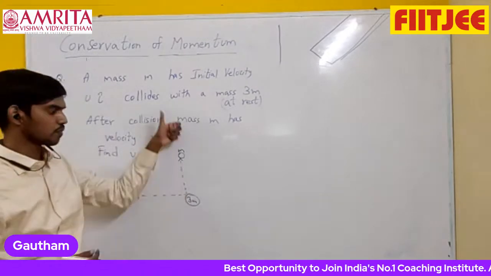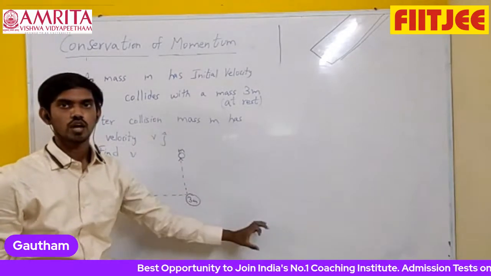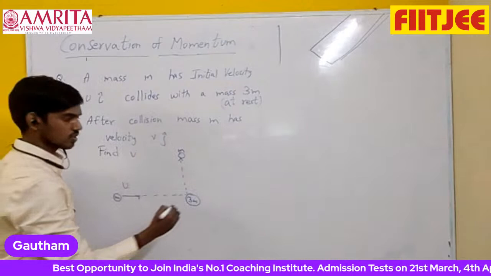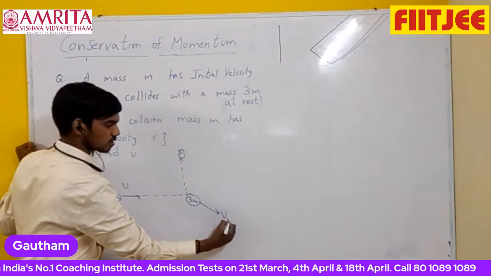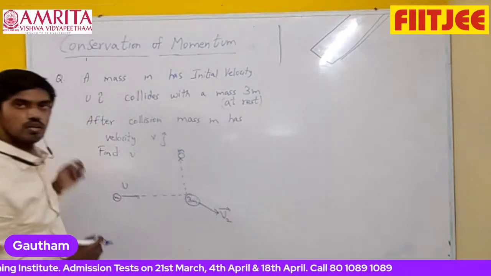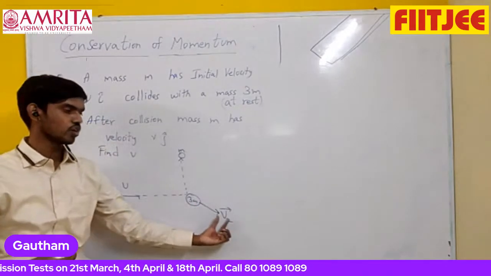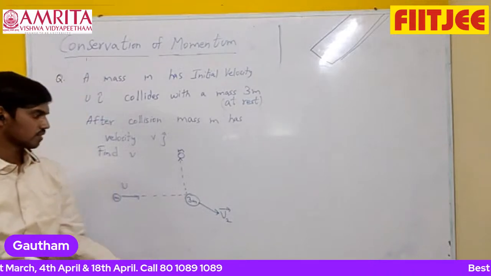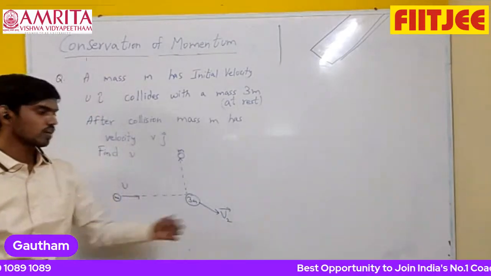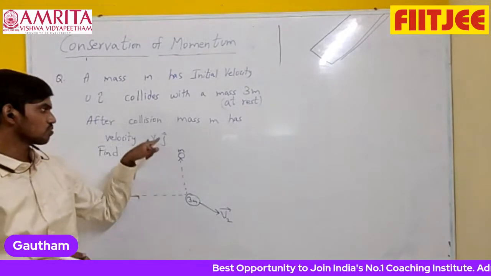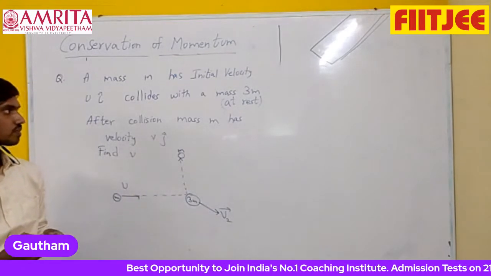So if this goes like this after colliding, this body will also start moving in the opposite direction, right? So this body will also get some velocity, suppose v2 vector. So after collision 3m will also get some velocity v2 vector. So it collides and goes in this direction. So how do we find this velocity, and using it, how to find the value of v.